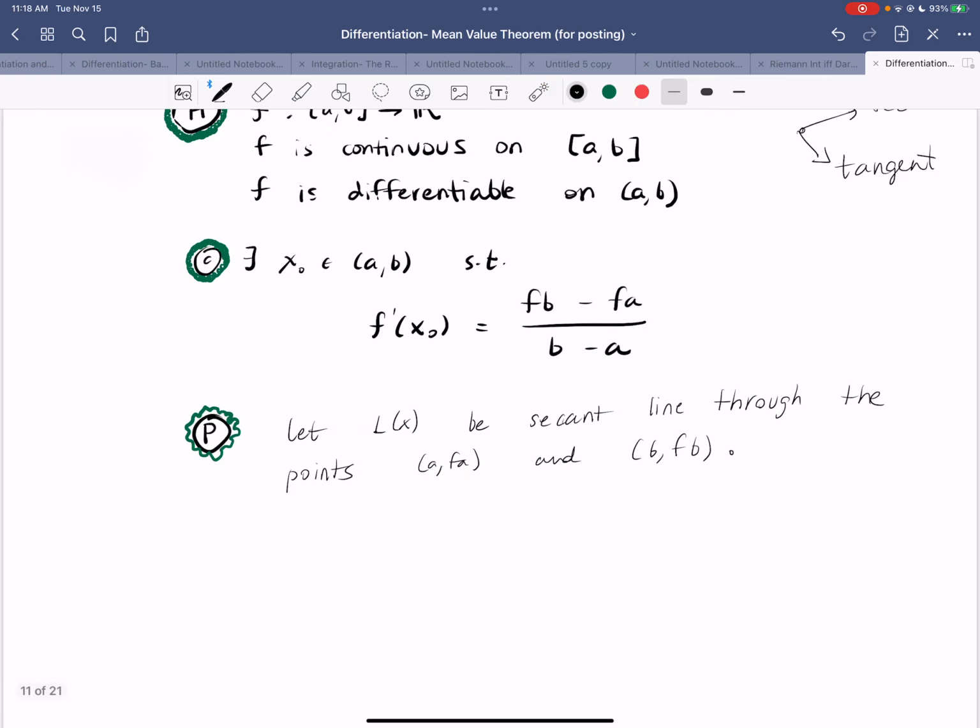So now let's find the formula for L(x). The equation for a line is y - y0 = m(x - x0), so y = m(x - x0) + y0. That's the equation of a line.